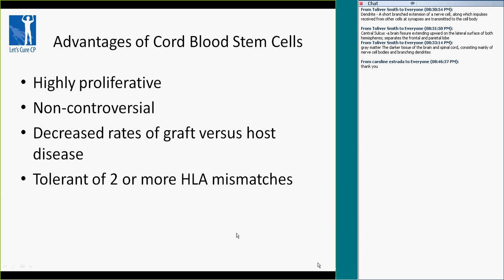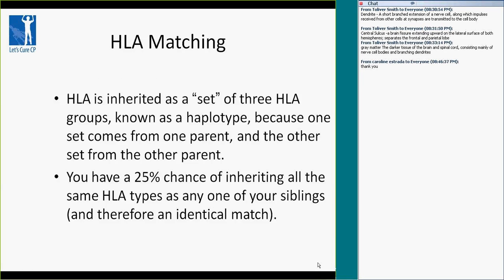Let's go to the next slide, please. And just to be more specific, if you're receiving your own cord blood, there are no mismatches. This goes back to the original question, where there is the potential to go up to a 4 out of 6 match or a 5 out of 6 match with a sibling.